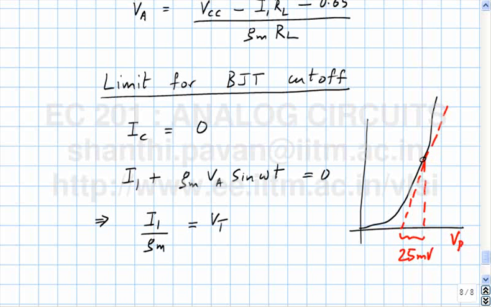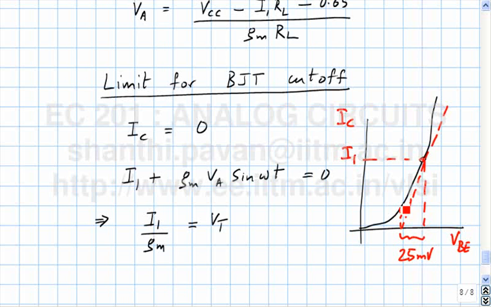This is VBE, this is IC, this is I1. But you notice that if I reduce the applied VBE by 25 millivolts, the current has not truly gone to 0. Does that make sense? Okay, so it will never go to 0 until the VBE becomes 0.